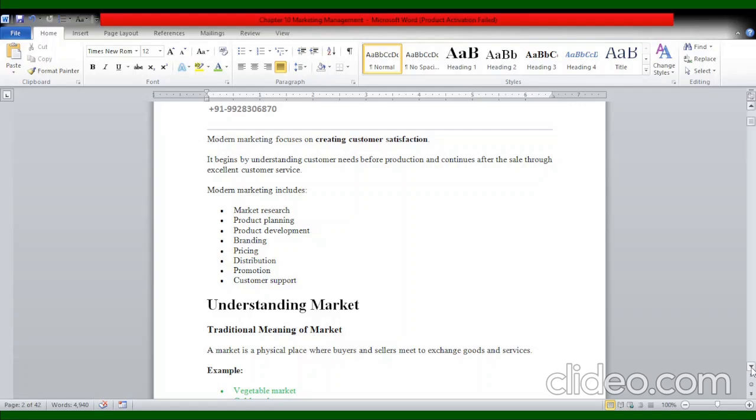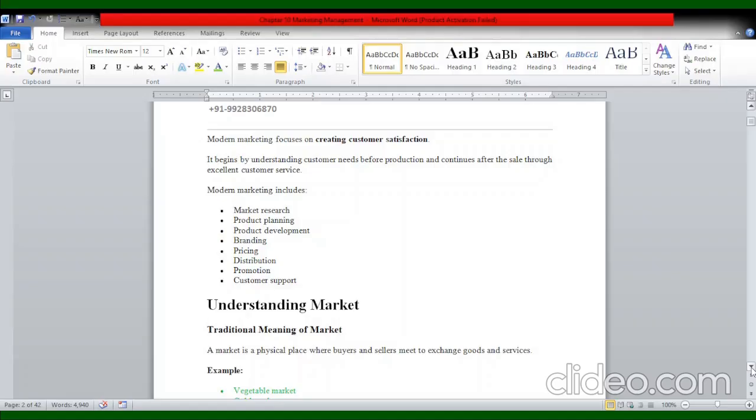But modern marketing starts from production, and before production we have to do a number of activities. We have to survey the market, collect feedback and new ideas from the market, decide what kind of product you can manufacture, and then plan to produce that product.